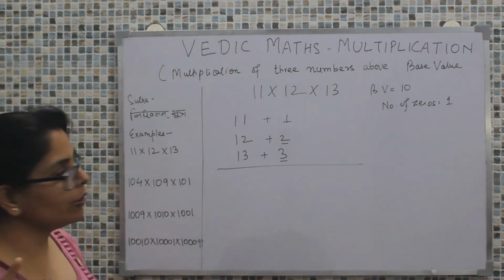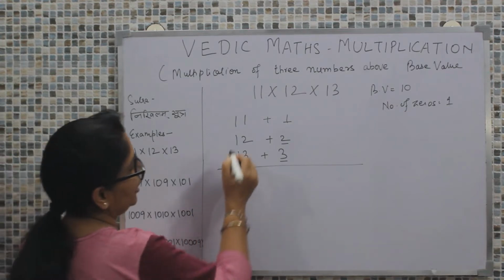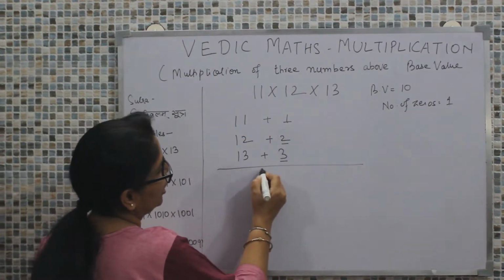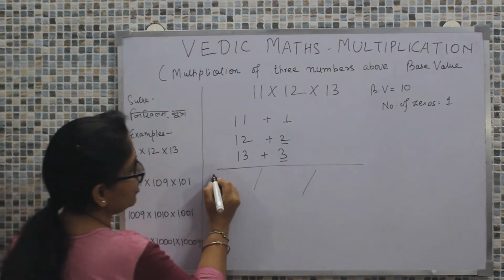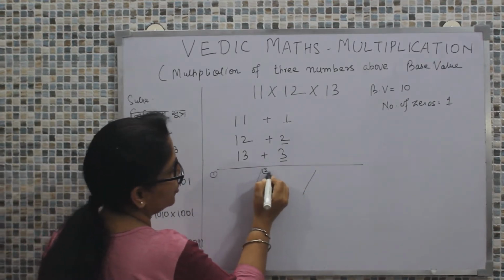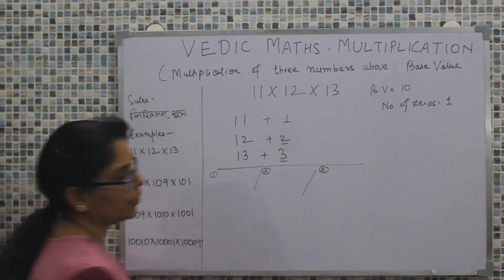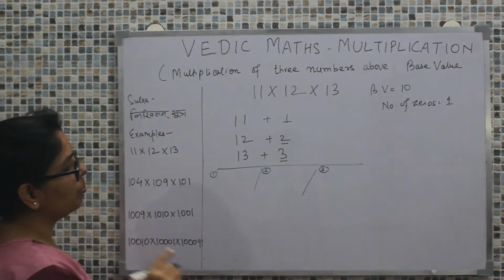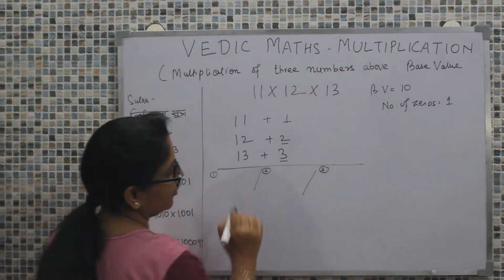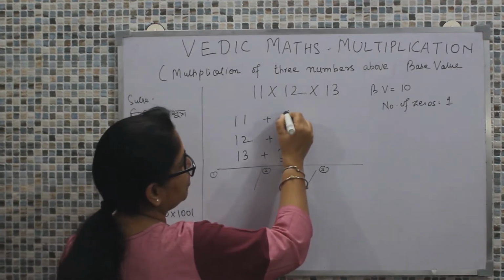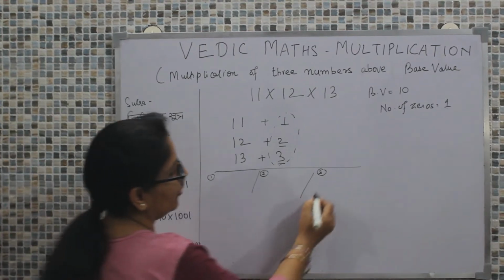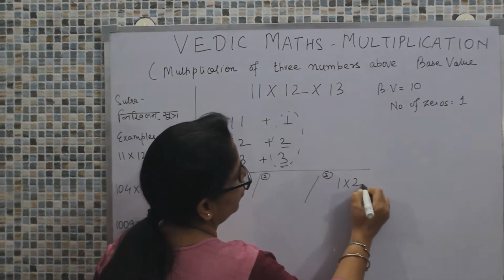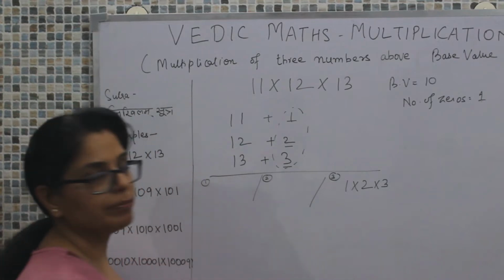Now for computing the final answer, we need to split it into three portions. This is portion 1, this is portion 2 and this is portion 3. For computing portion 3, we need to multiply all the three values. So we have 1 into 2 into 3.